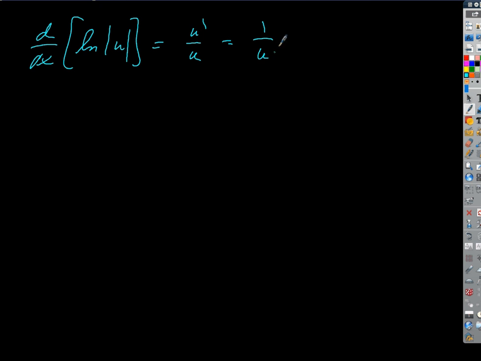So if we start off with our derivative, what is u prime again? U prime, that's shorthand for what? Derivative with respect to x. Okay, good. So that's the same thing as 1 over u times du dx, right?